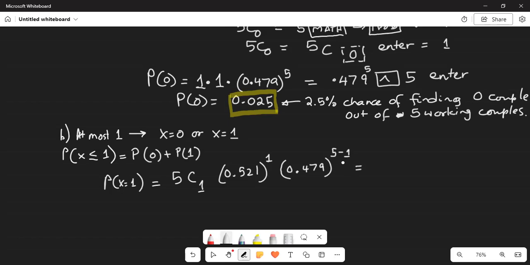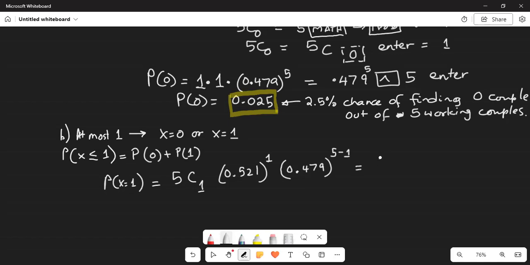So in our calculator, first we find out what 5C1 is: 5, then math, then PROB, then you select nCr and in the square after the C, you type in the number 1 and calculate it. So 5, math, highlight PROB, then go down to nCr, enter, and then 1, and it is equal to 5.